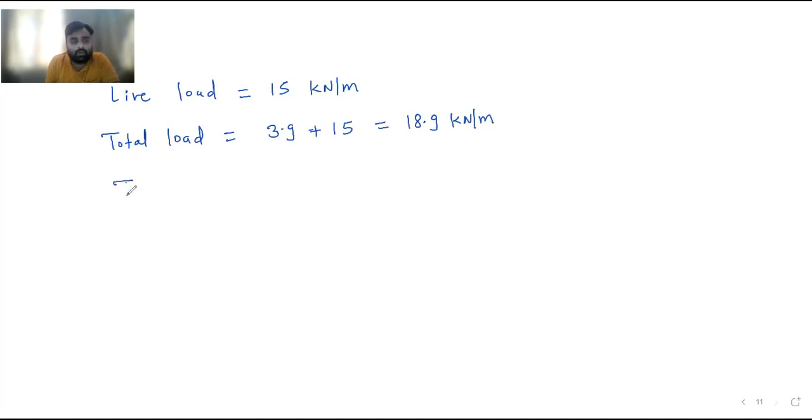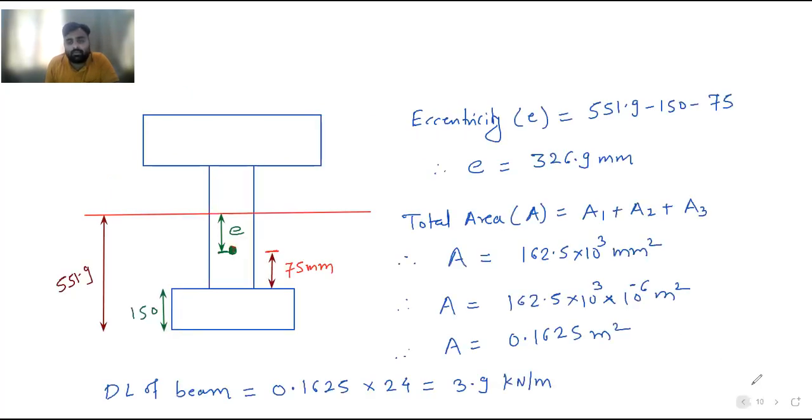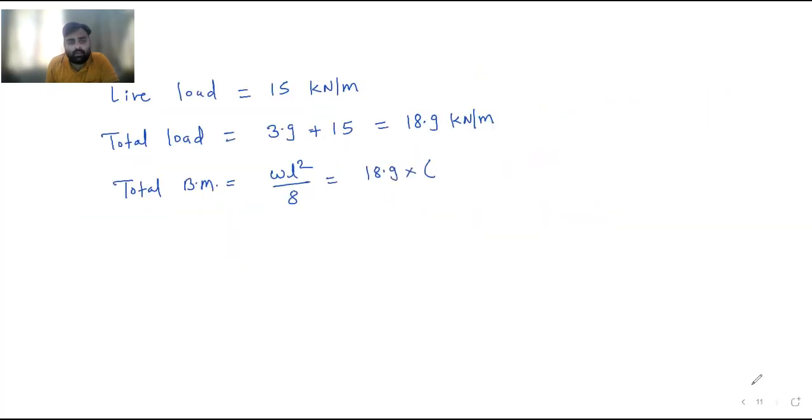So after the total load, calculate the total bending moment. Total bending moment is WL square by 8. So W is 18.9 into L square. How much span is given? 20 meter. Okay. So the span is 20. So 20 square divided by 8. Let me know the answer.